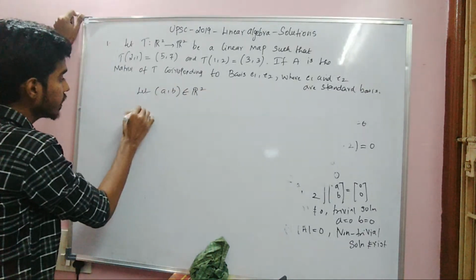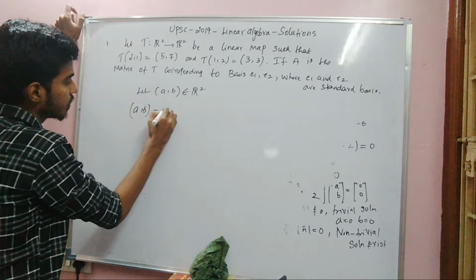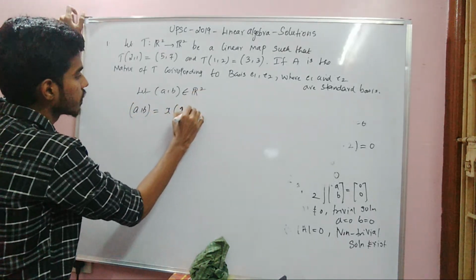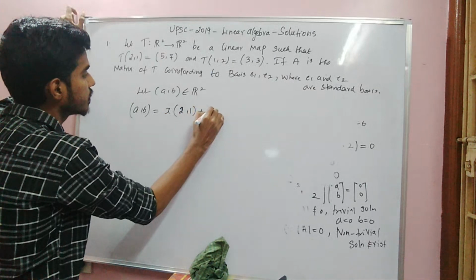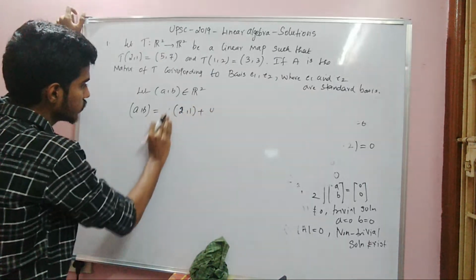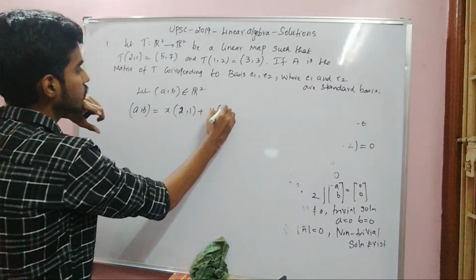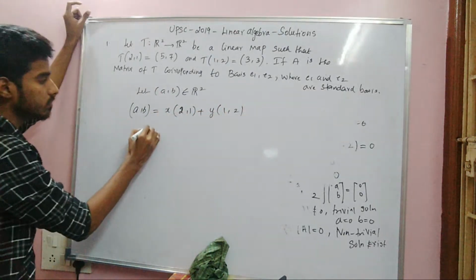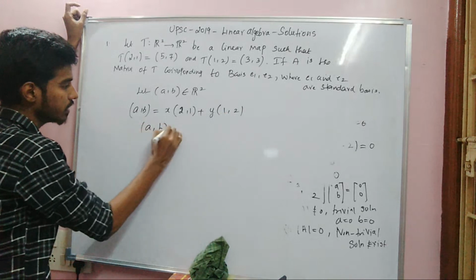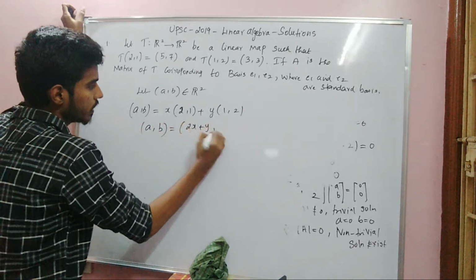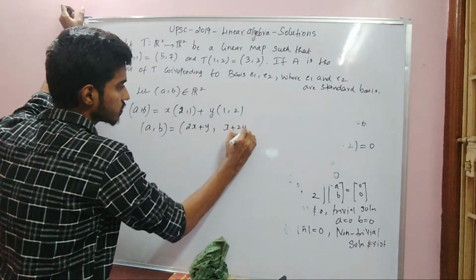So I can write (a, b) as x times the basis vector (2, 1) plus y times (1, 2). From this you can see that (a, b) is equal to (2x plus y, x plus 2y).